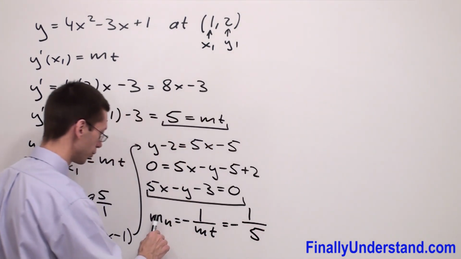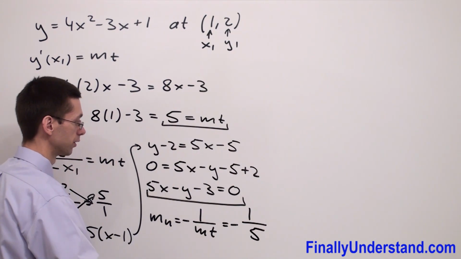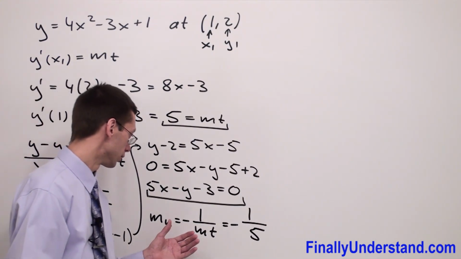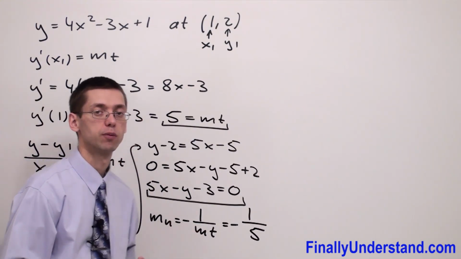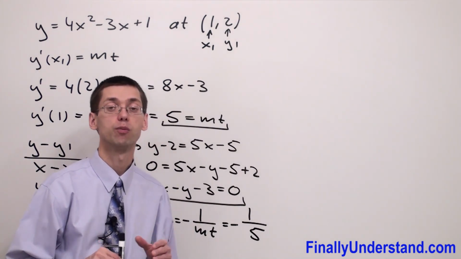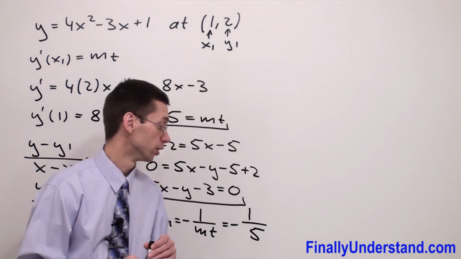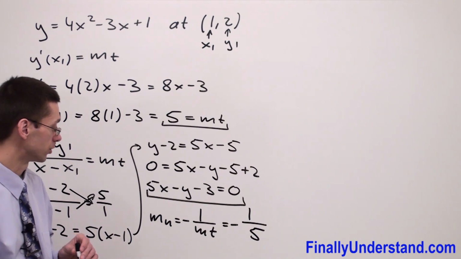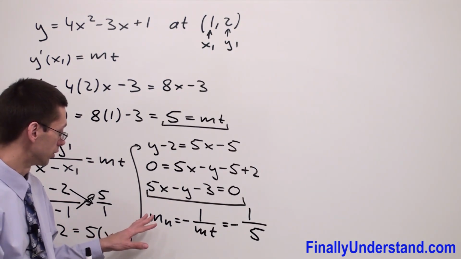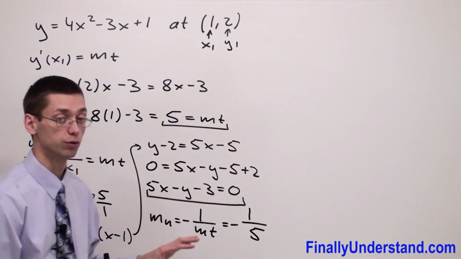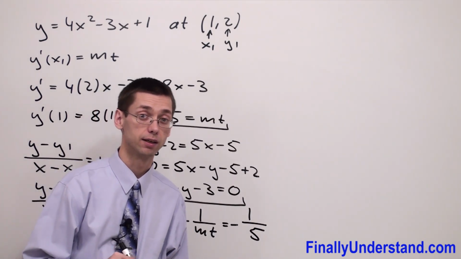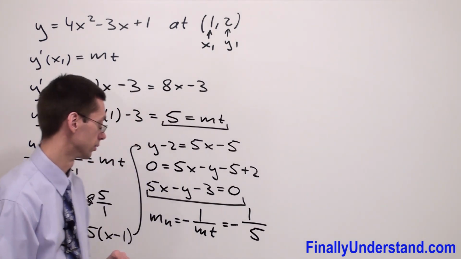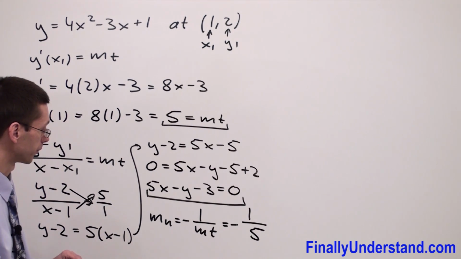So the slope of the normal is equal to negative 1/5. Let me remind you, I use this formula because the normal is perpendicular to the tangent. That's why we're supposed to use the formula which allows me to find the slope of the line which is perpendicular to the given one.